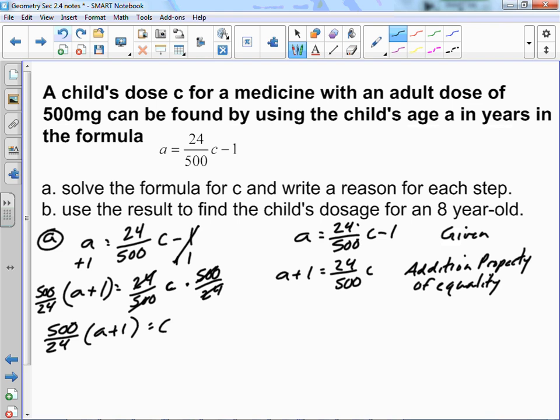And then we multiplied both sides by 500 over 24, which gave us 500 over 24 times A plus 1 equal to C.